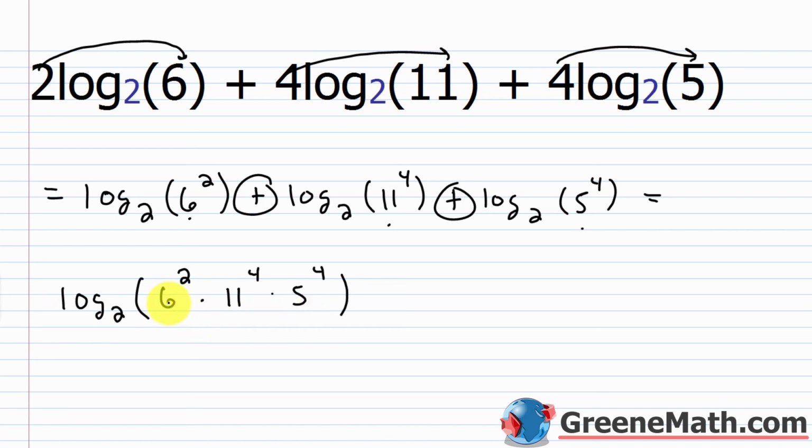I realize that we could multiply all this stuff together. It'd be a really big number. We're just proving that we can move back and forth. If you wanted to do it, your answer would be log base 2 of 329,422,500. But again, this answer right here is perfectly acceptable.